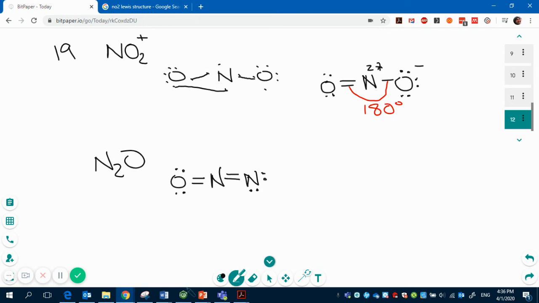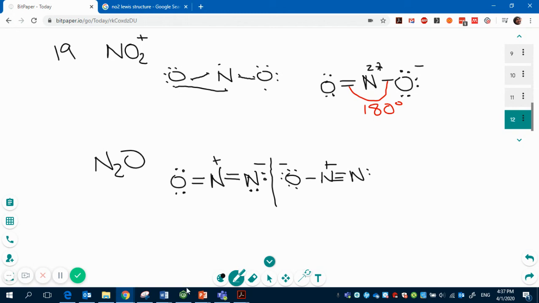The other possibility for N2O is that actually it looks like this. These are the 2 resonance hybrids. In both cases, the central atom is positively charged. In this case here, we have a negative nitrogen. In this case, we have negative oxygen.